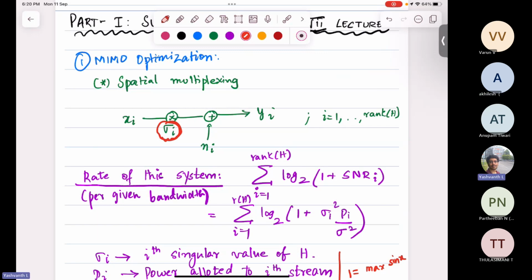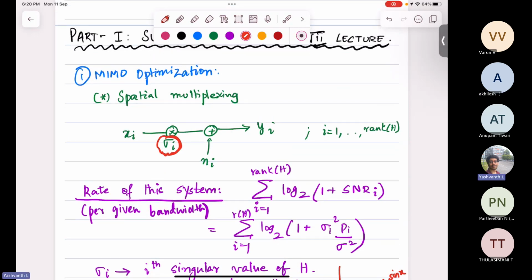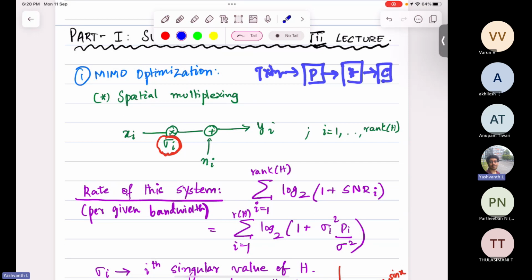Our original channel was a complex channel, but we have done some pre-coding at the transmitter and combining at the receiver such that the effective channel, if you recall, we had the transmitter, then we did something called pre-coding, then we had the channel, then we did something called combining, and then we have the receiver. This effective channel is no more a complex channel. It's just scaled by sigma i, which is a non-negative real number.